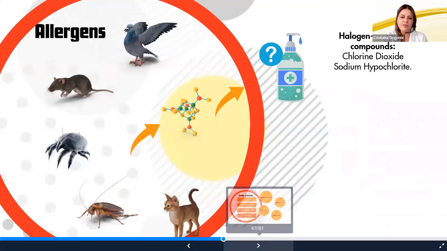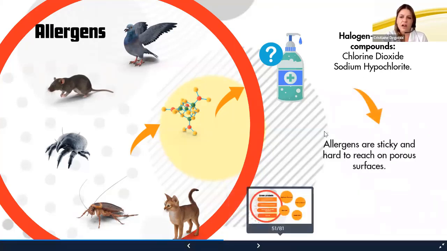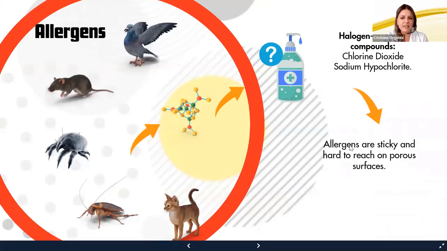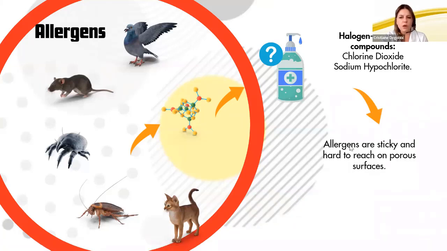So the key here for allergens is that allergens are very, very sticky and hard to reach on porous surfaces. They will penetrate porous surfaces and will be really hard to get rid of. For example, you have a cat and you live in that residence and you decide to move out and you bring your cat with you.